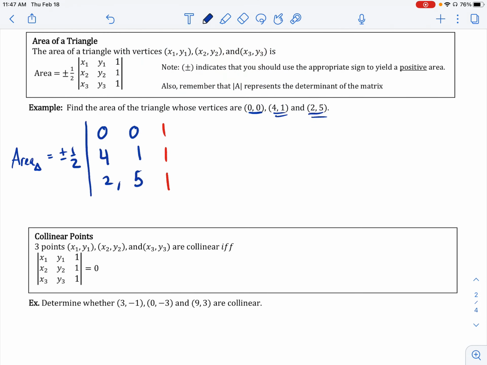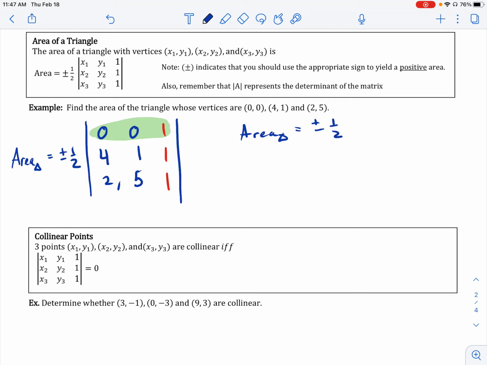Okay? And we're going to find the determinant of this matrix. Again, what's really nice about this particular matrix here, as it turns out, we've got a row with just zeros in the first two entries, which makes it pretty easy to find a determinant here. So we're going to say our area is equal to plus or minus 1/2. And let's find the determinant now.